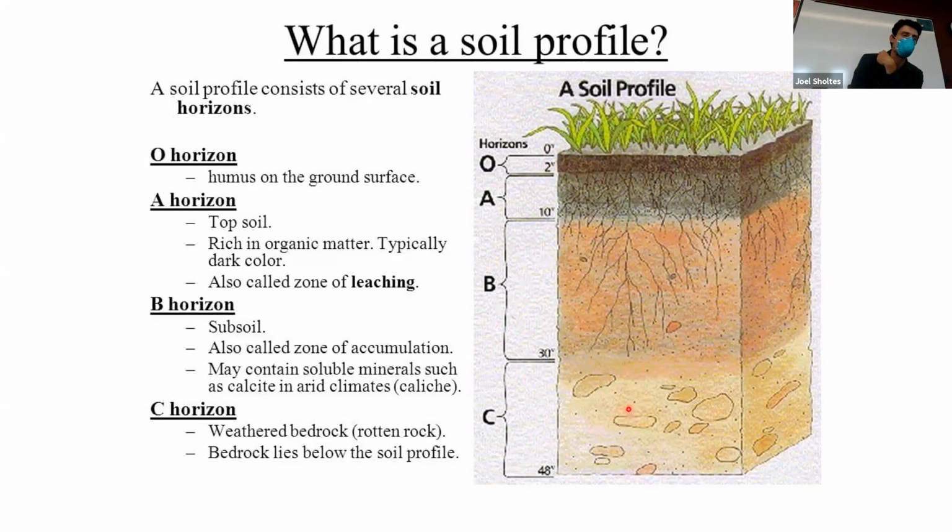Maybe even the C horizon, where if you get deep enough, you get into weathered bedrock, regolith, that sort of thing. This is where it's kind of like chunky stuff, really hard to dig through. This is actual soil, right? It's got grains. The A horizon and O horizons are going to be part of the topsoil. This is high in organic content, and that organic content can hold moisture more readily, and is obviously needed if you're going to put a bunch of grass and trees down. O is the organic horizon. That's actual leaf litter and stuff like that.